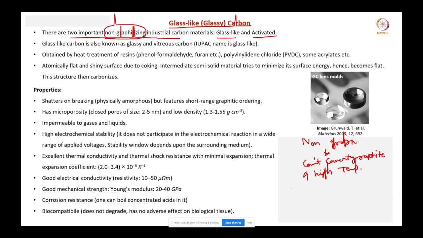Because there is no crystal structure formation, no crystal formation, so you won't get any peak.